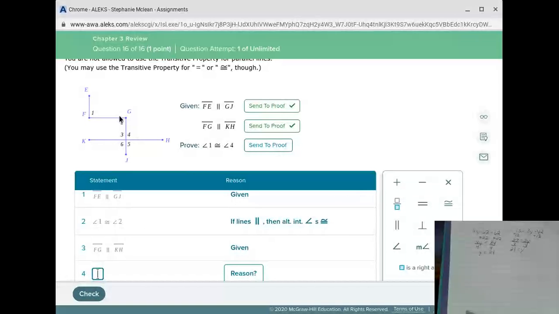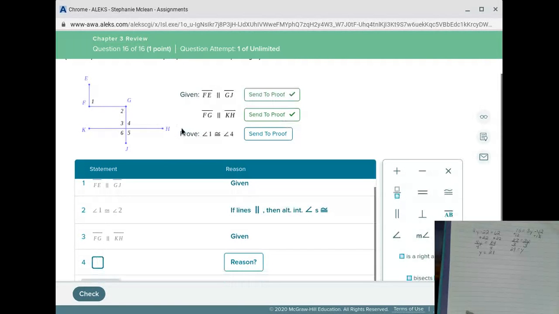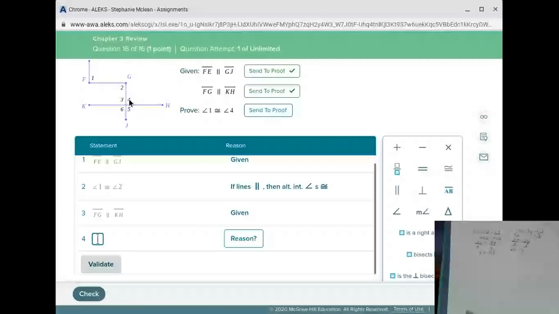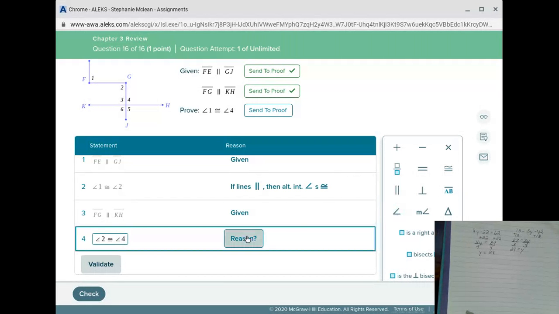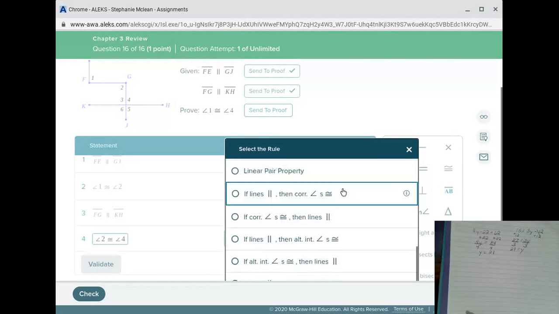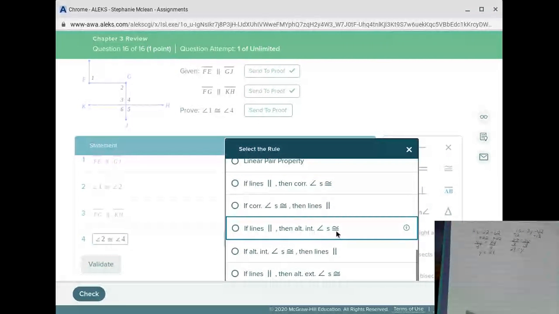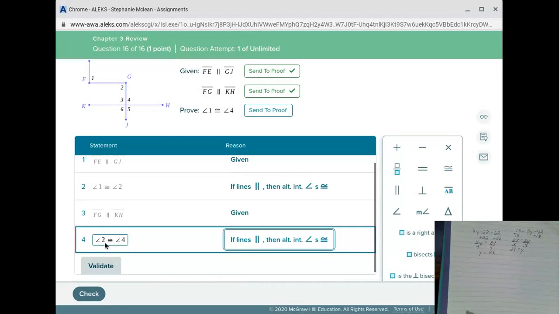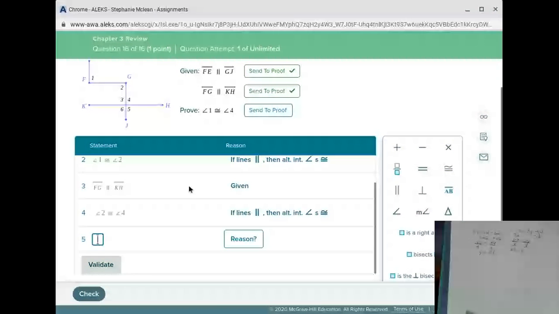Angle 2 and angle 4 are alternate interior angles, so I can say angle 2 is congruent to angle 4 because they are alternate interior angles. If lines are parallel, then alternate interior angles are congruent. It's the same rule we used for line 2 of the proof.